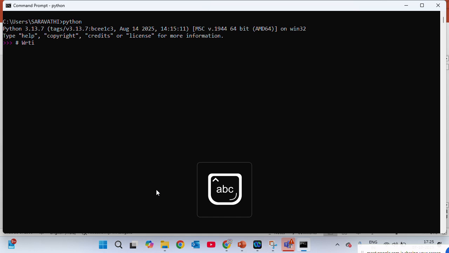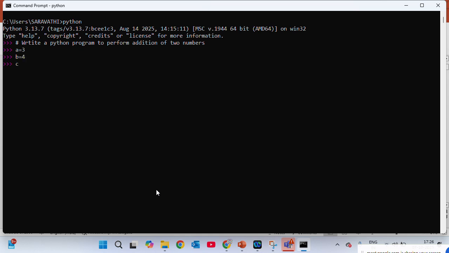Write a Python program, a simple program to perform addition of two numbers. Anyhow, I will explain, don't worry. A is equal to 3, B is equal to 4, C is equal to A plus B. Very simple. Find the C value: 7. 3 plus 4 is 7. I think you know very well.